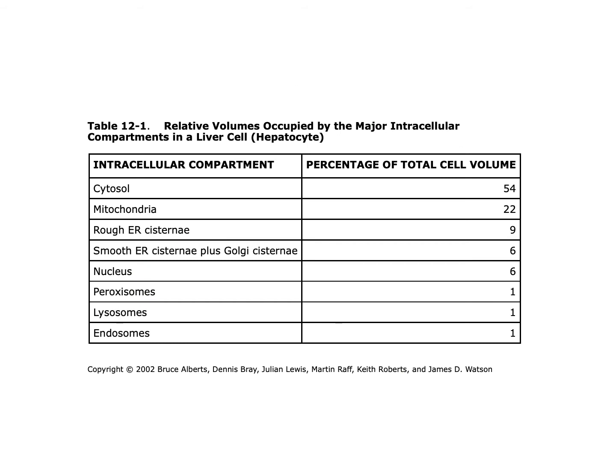Now this is just an example of one type of cell. This is a liver, represents a liver hepatocyte, and showing how much of the volume of the cell is taken up by the different organelles. And liver is a somewhat typical cell.